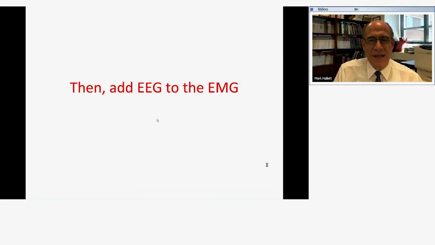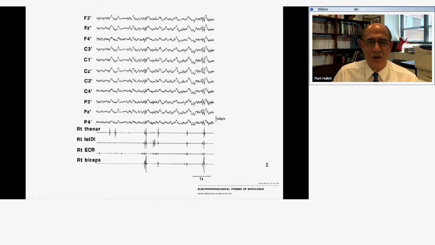So then the next neurophysiological test to add would be EEG to the EMG. What is the EEG doing while this EMG has occurred? And first thing, of course, would be just to look at the ongoing EEG to see what you can find. And this is a case of epileptic myoclonus. These are EMG recordings on the bottom and EEG on top.